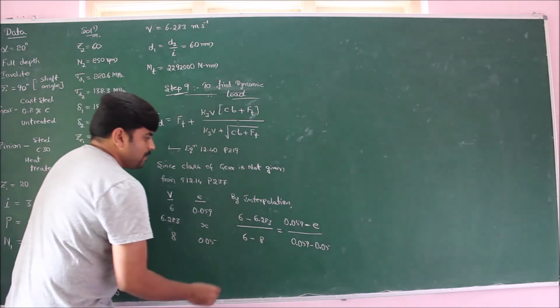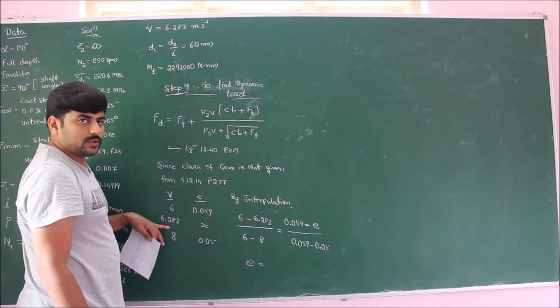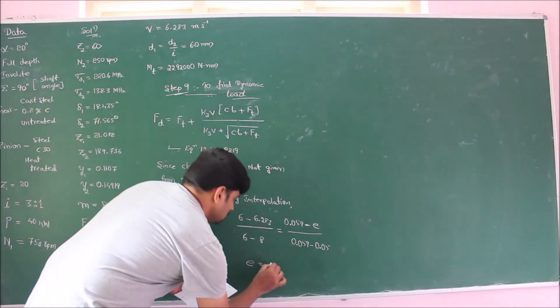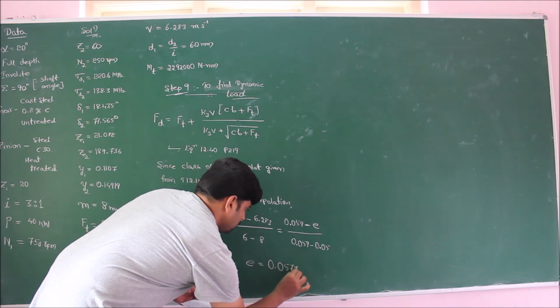If I solve, I will get the value of error for velocity equal to 6.283 as 0.0577.